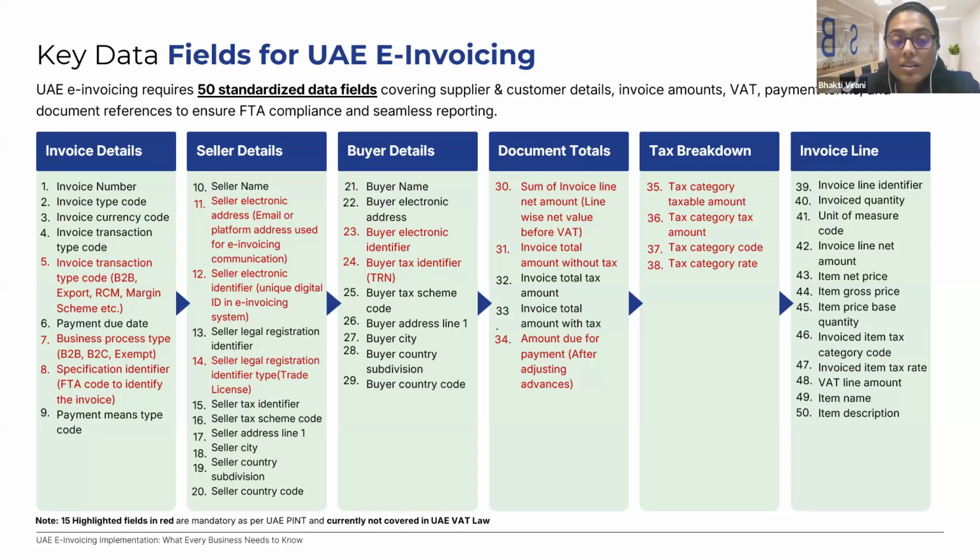Then the second head is the seller details, wherein we'll capture all the details of the company supplying. So it will have the seller name, the seller tax identification number, the country, the address, etc.